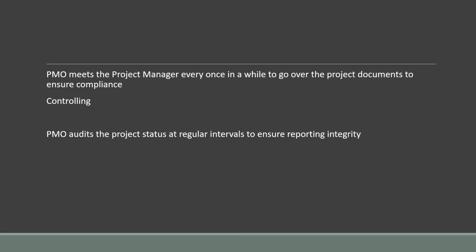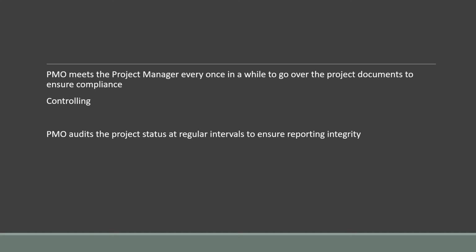The PMO audits the project status at regular intervals to ensure reporting integrity. Throughout the life of a project, the project manager sends out a lot of reports to higher management and other stakeholders, right?